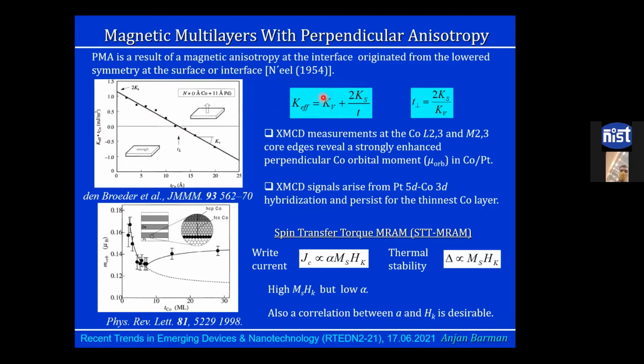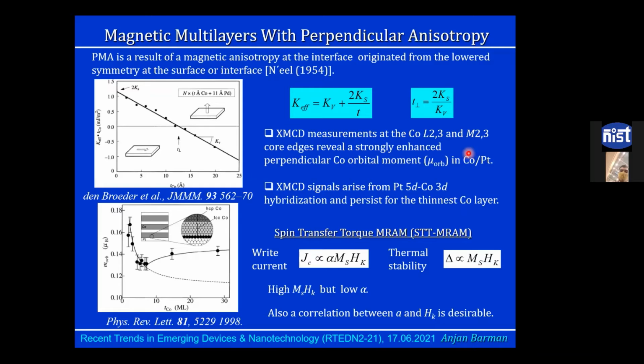You can consider the effective anisotropy to have a volume term, KV, and a surface term, which is inversely proportional to the thickness. The critical thickness, t perpendicular, is given by 2Ks over KV. Then the XMCD measurement at the cobalt L2,3 and M2,3 core edges reveals a strongly enhanced perpendicular cobalt orbital magnetic moment.